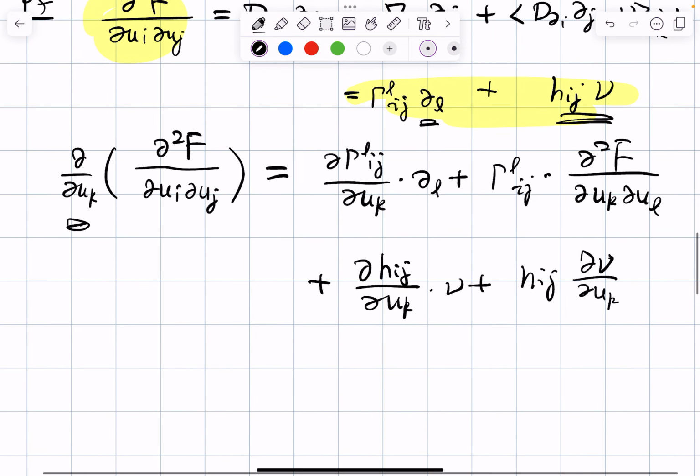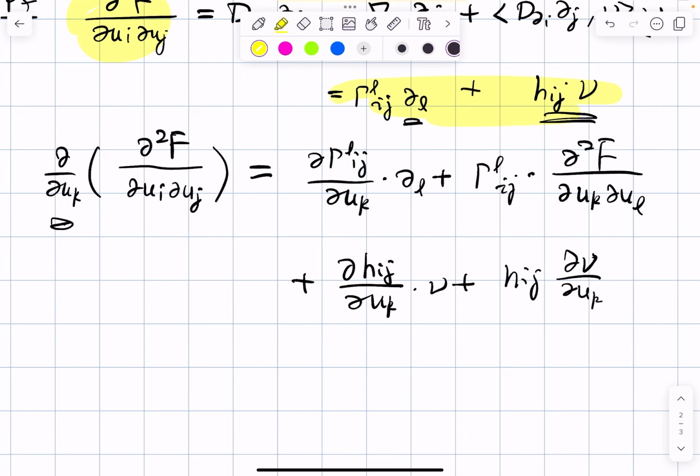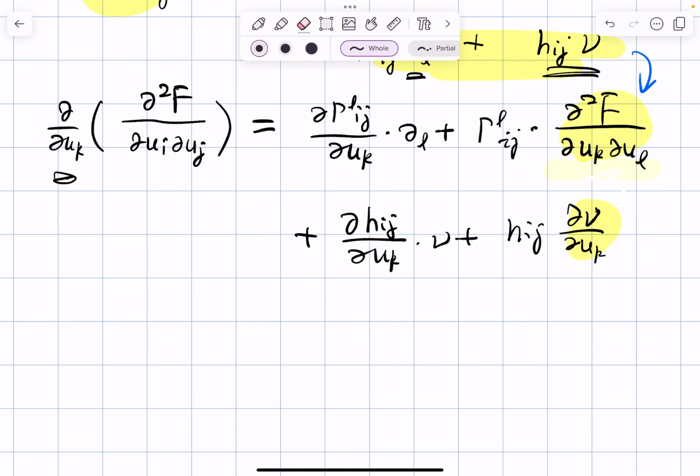Okay, we're done. We can see that there's another second derivative here of f, which can be further substituted by our previous formula. And there's the partial ν, partial uk part, which later we can just expand.